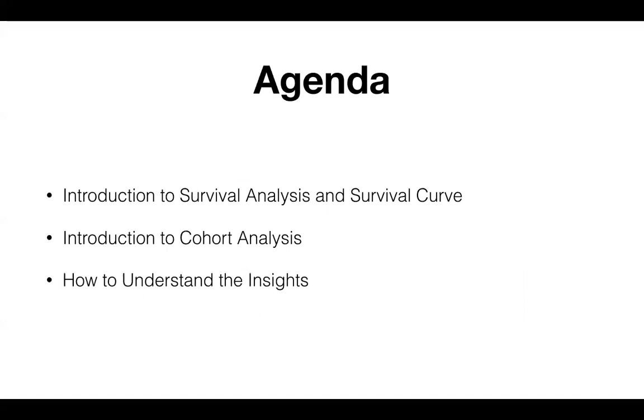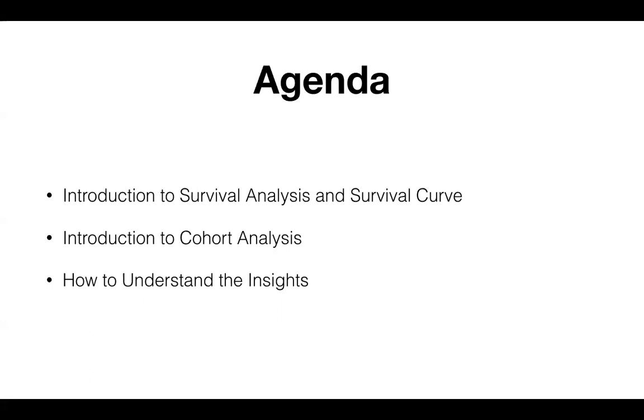So here's the agenda. First, I want to introduce survival analysis, or in our world, living in a SaaS, software as a service, or subscription business model, we call this type of analysis cohort analysis.